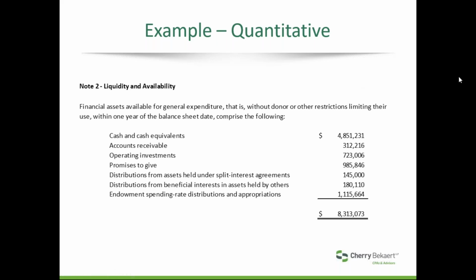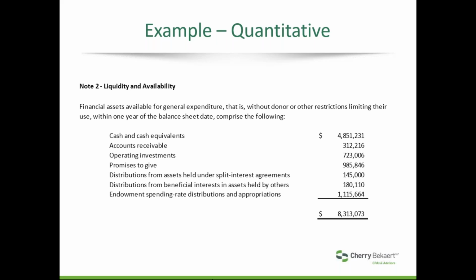If you pay attention to a few things, like if you go down to the third line, it says operating investments. So in this example, if you had endowment investments, you would not include them. And if you look further down, you will see distributions that are expected from assets held under split interest agreements and distributions expected from beneficial interest in assets held by others. So this is one example.